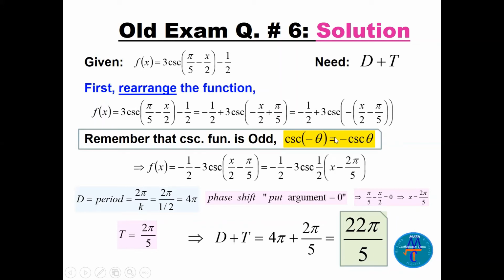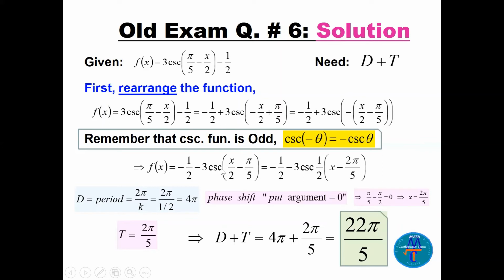So the function now becomes minus half, plus 3 becomes minus 3 cosecant of (x over 2 minus pi over 5). Now the correct argument here is x over 2 minus pi over 5, which is the same as the argument pi over 5 minus x over 2, up to the sign.